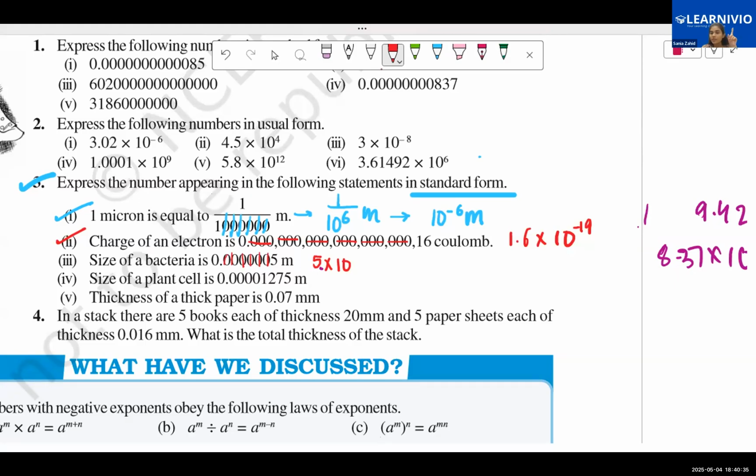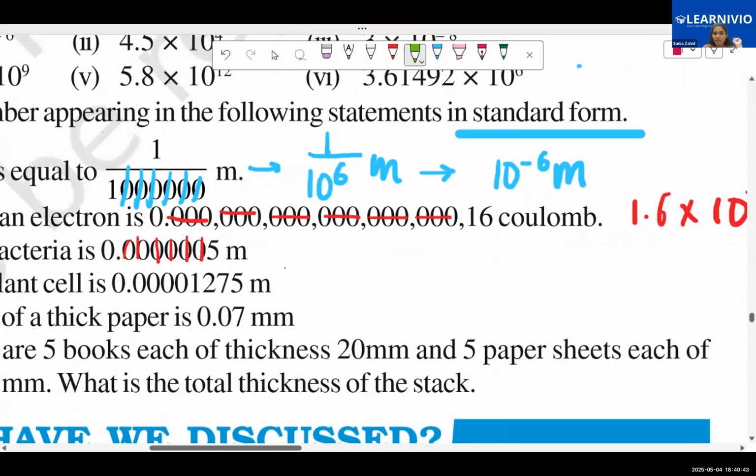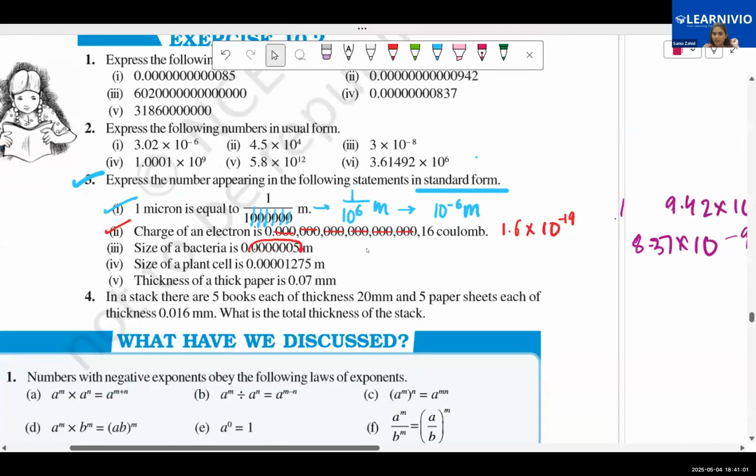See, the decimal you're putting after 5. Where are you transferring the decimal? After 5, right? So how many places are there? 1, 2, 3, 4, 5, 6, 7. You understand me? Not 6 places, 7 places. If it was 0.5, then you would have written 6 places. So your answer will be 5 into 10 raised to the power minus 7 meters.